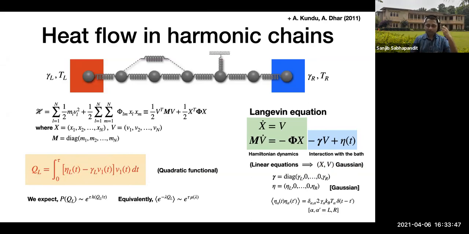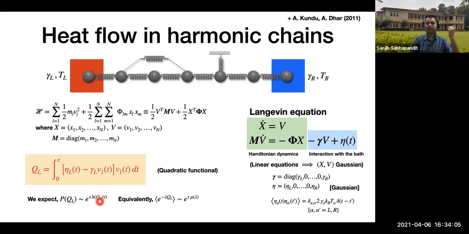Okay. So what I want to draw your attention to is that we have a linear Langevin equation and a quadratic functional. You are interested in the distribution of these quantities, and in particular at large time behavior.